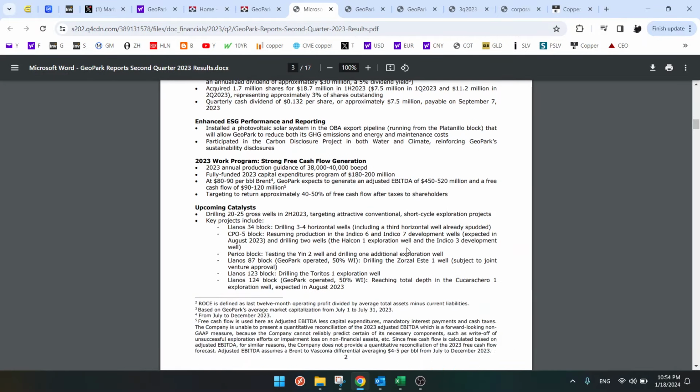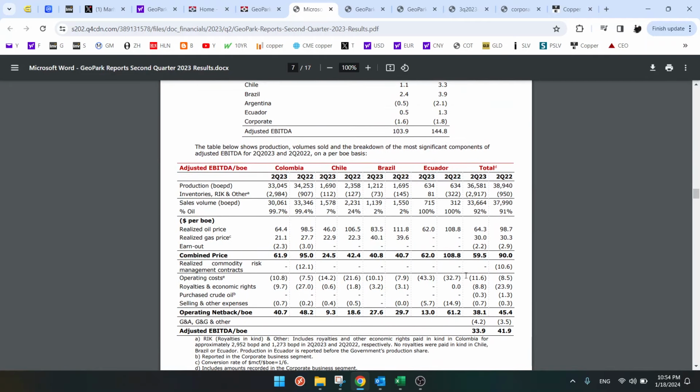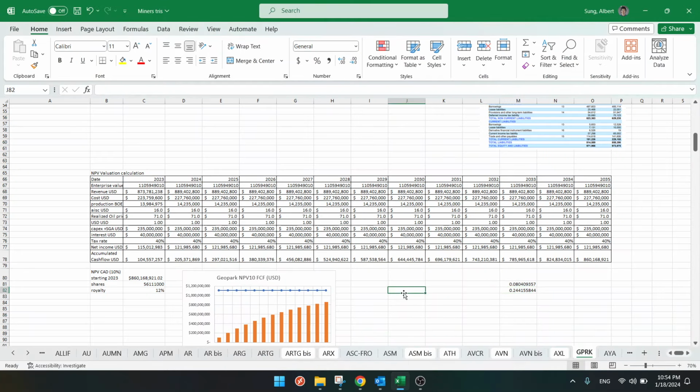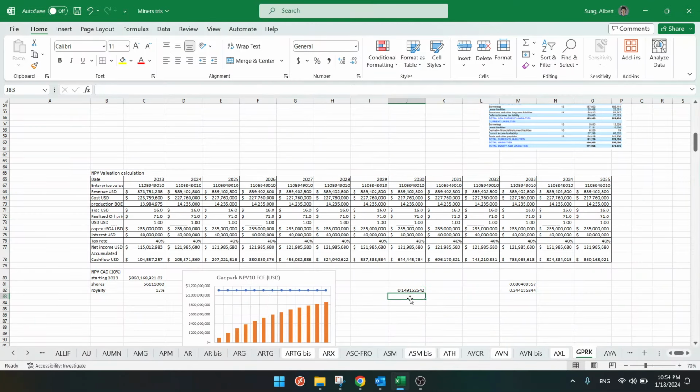Let's take Q2. Royalties here are 8.8 divided by 59, 15%. 15%. 24, 90, 26%, 15%, 8%.